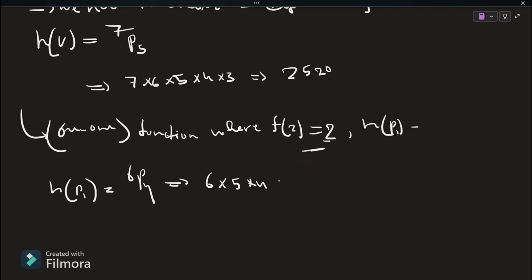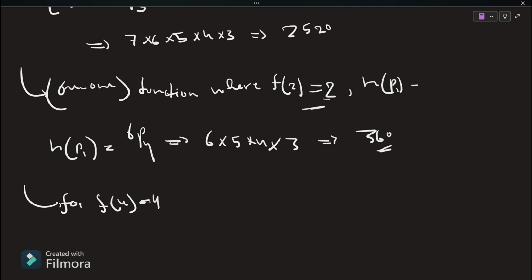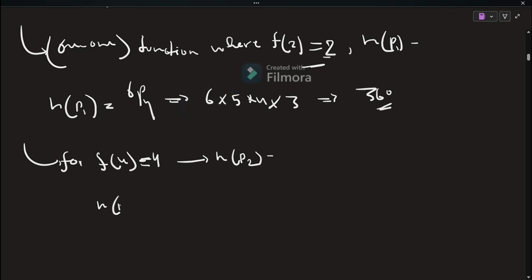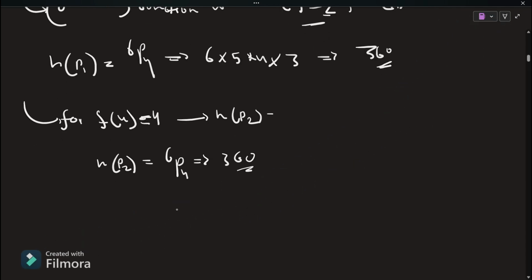Let's solve: 6, 5, 4 and 3, and the rest cancels out. So this comes to 360. We will do the same thing for f of 4. For f of 4 equals 4, let's call this n of p2 for 1-1 function also. So n of p2 is 6P4 when we fix 4 in element. So here we will get 360.